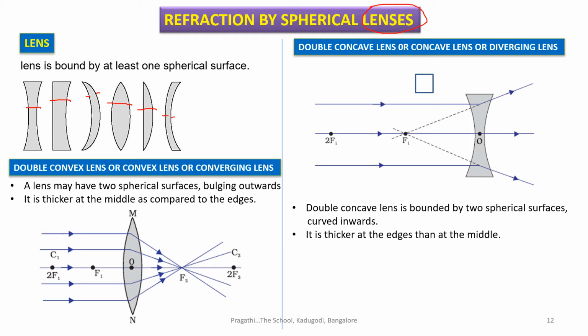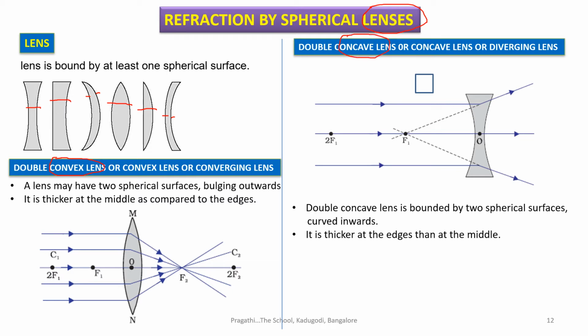These are the different types of lens. We'll learn that in detail in the next slides. So how many types of spherical lenses are there? Here also the same thing: convex lens and concave lens.